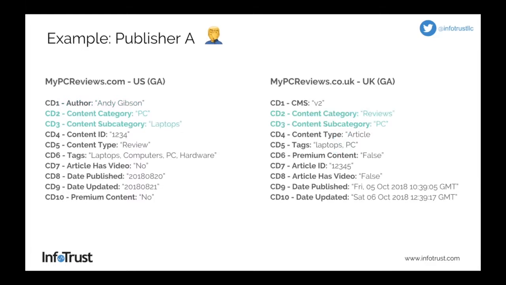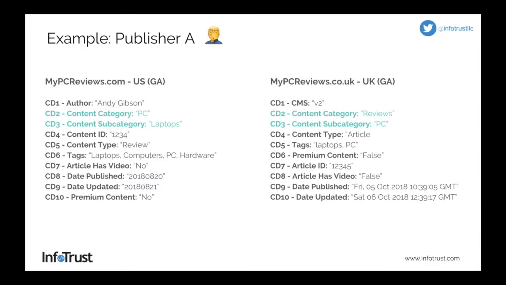Content category, they have very similar custom dimensions here. They're in the same slot number, they have the same name, but they're actually categorizing content differently. The US is using a high level category of PC and then a subcategory of laptops, whereas the UK team, for the very similar piece of content, is using reviews as the category, and then the subcategory is what that review is related to, so PC.